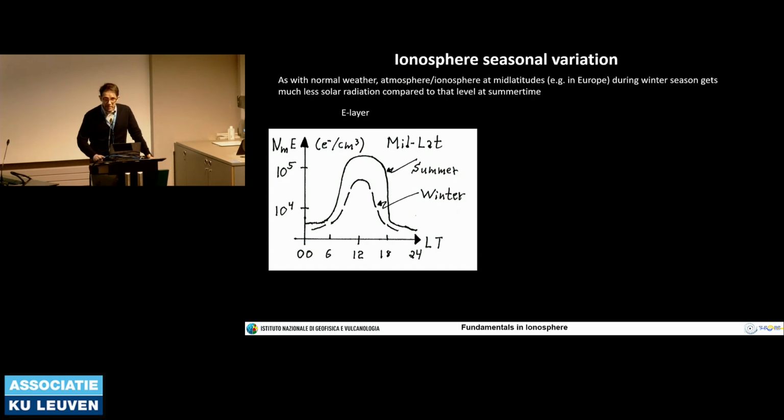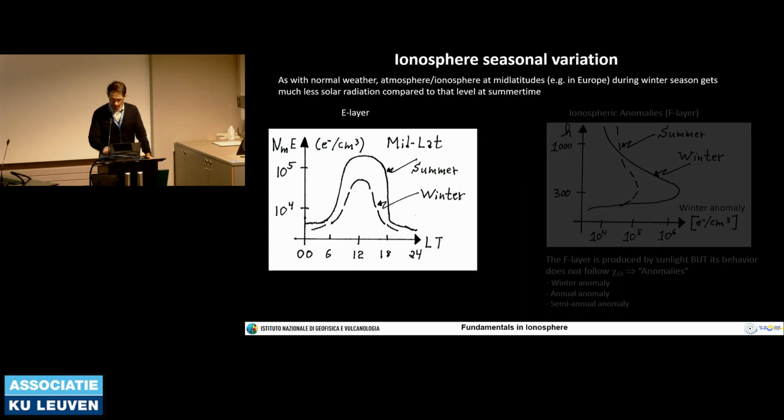But it's not completely true for the F layer, because you may remember that the dynamics and the formation of the F2 layer is significantly influenced not only by photoionization but also by the transport processes I have mentioned before.